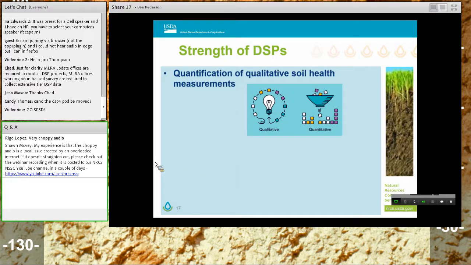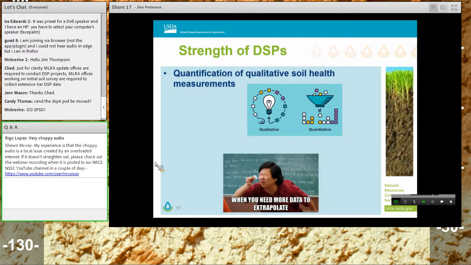Quantification of qualitative soil health measurements provides a more science-based prescription for land use decisions, and a robust data set can be extrapolated nationally, providing ranges of values of DSPs for specific soils under specific management systems. And this allows us to assess the potential of a particular soil, which is something our standard interpretations just do not accomplish.